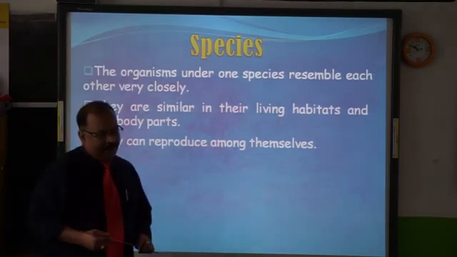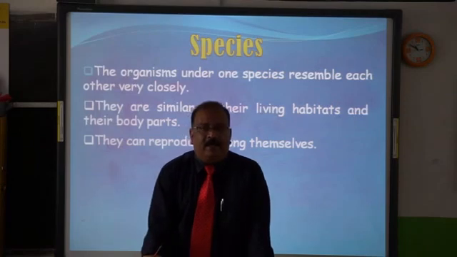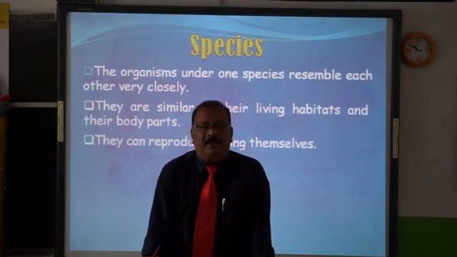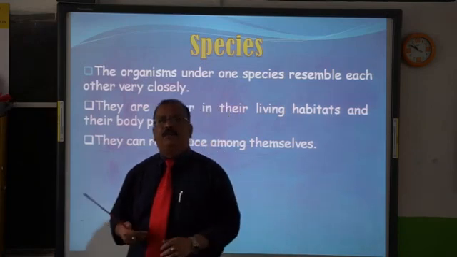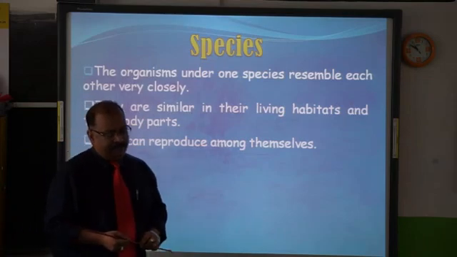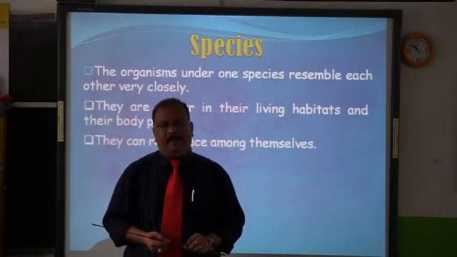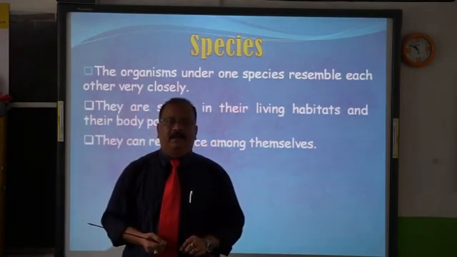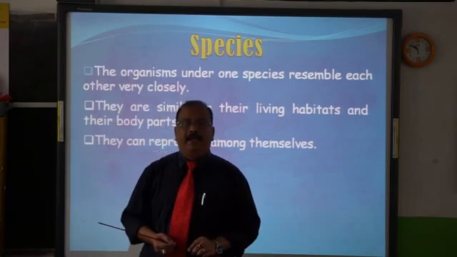Now let us take an example of chimpanzee and gorilla. Somehow they look similar, looks like relatives. But still you can find many differences. You can spot the differences between chimpanzee and gorilla. They cannot have a baby. That means they cannot breed among themselves.